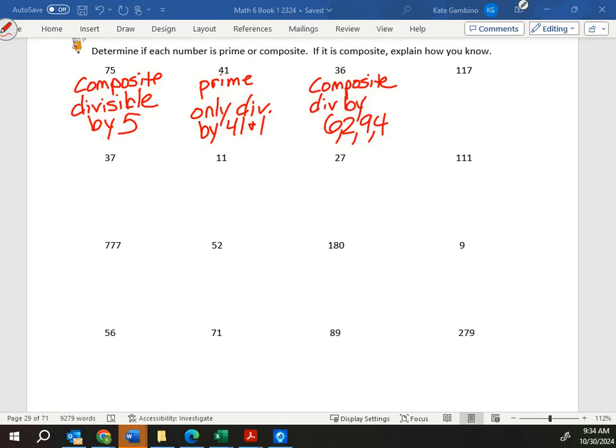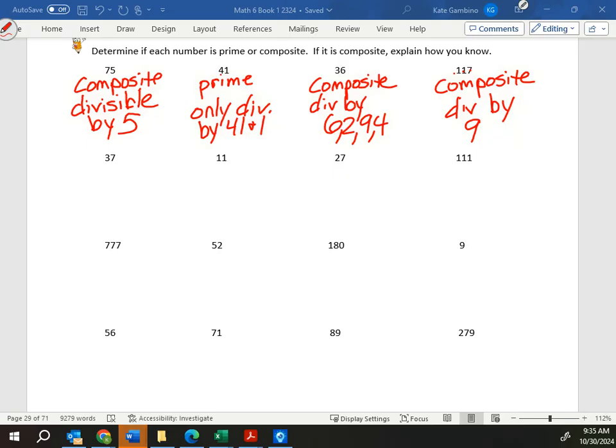Next one, 117. Composite or prime? Aiden. How do you know it's composite, Aiden? It's divisible by 9. 1 plus 1 is 2, plus 7 is 9. 9 is divisible by 9. It's also divisible by 3. We know it's divisible by multiple things.